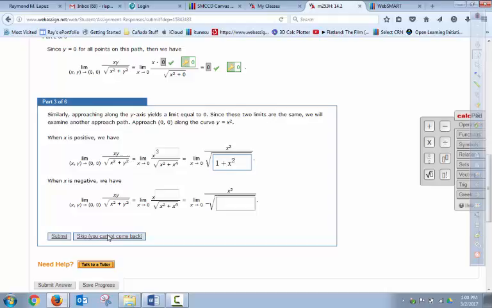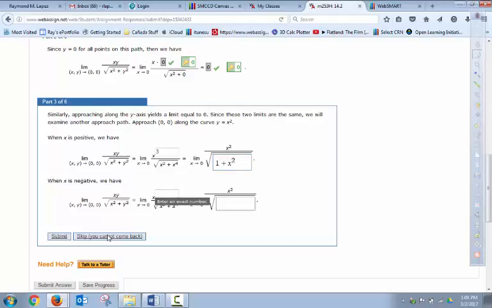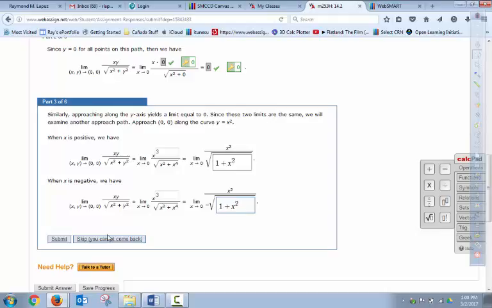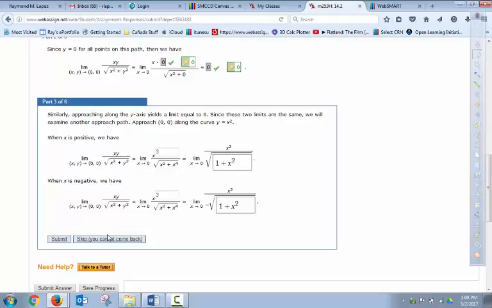So the tricky part about this is, let's see. There's this little thing about the square root of x squared.